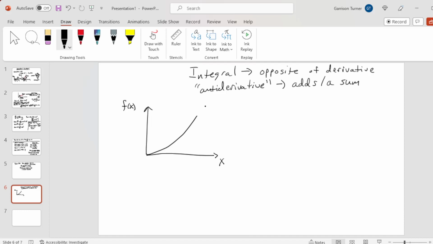But what an integral does, let's say I look at 2 points, once again x1 and x2, and I look at the shaded region here. The integral will find the area of that shaded region.